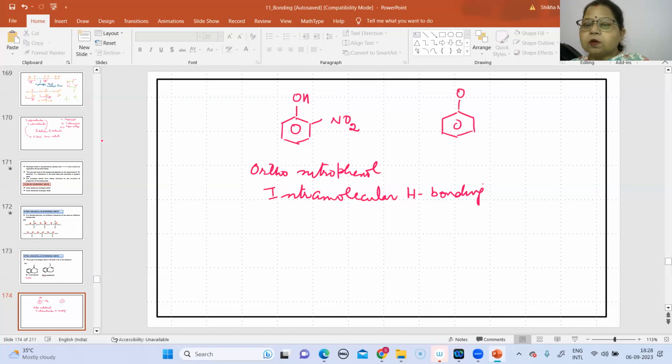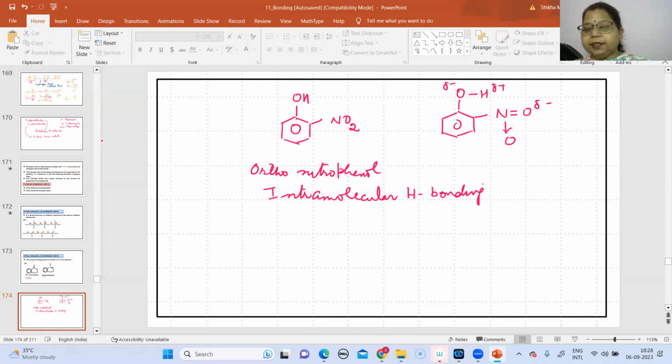This is O and this is H. We can draw it like this. Similarly, NO2 bonding, if you remember, N double bond O, and then we will be drawing a coordinate bond. What happens in this case is that a hydrogen bond is formed between, now this is delta negative, this is delta positive, right?